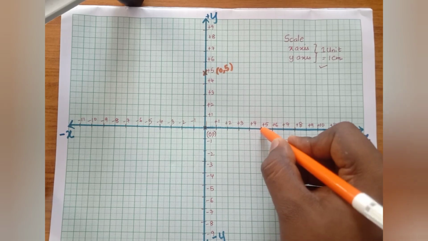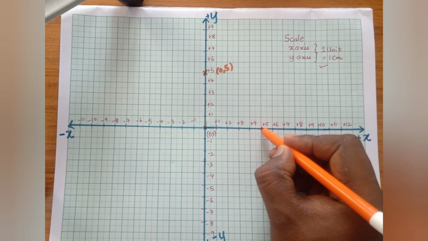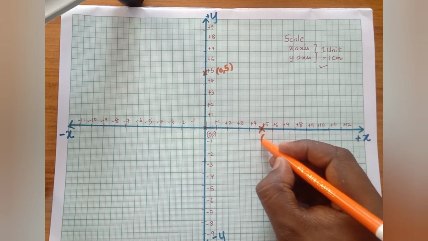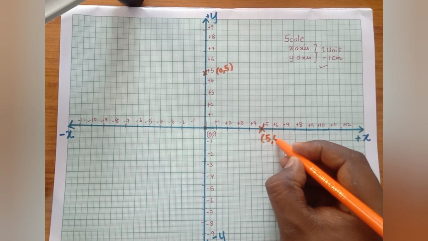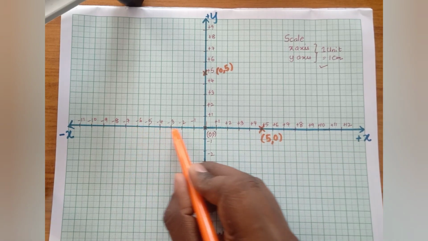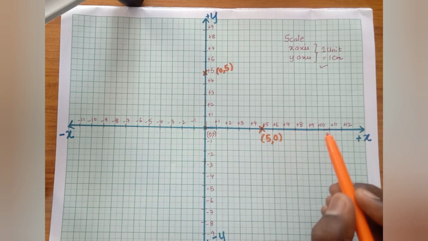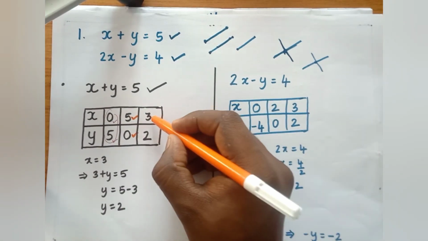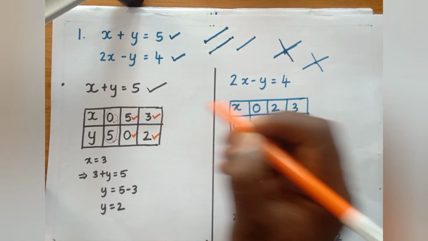That is here, when x equals 5, y is 0. This point represents 5, 0. Now the next point, when x equals 3, y equals 2.